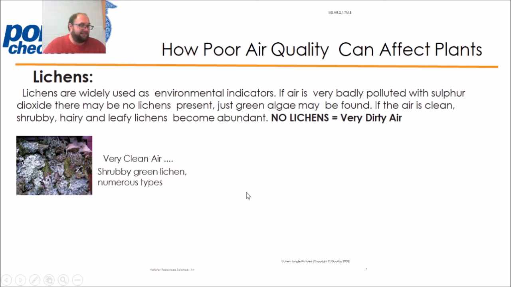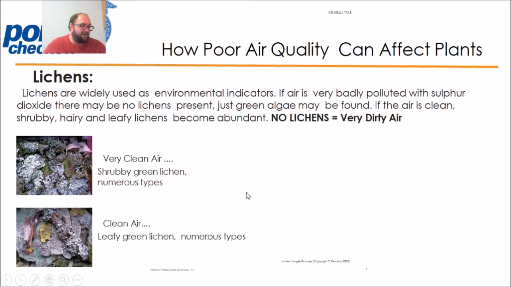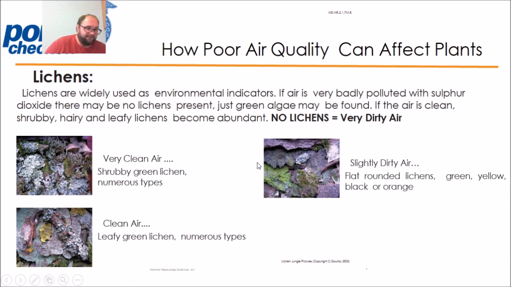So let's see what happens when we have slightly less clean air. Okay, so you've got these leafy green type lichen that's growing. It's kind of patchy, but they're there. They exist. See, boom, boom, boom, all over. Then, slightly dirty air, okay?